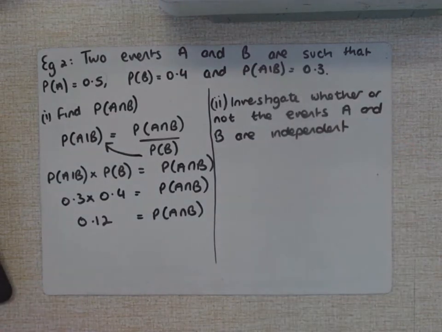Investigate whether or not the events A and B are independent. I know they're independent when I multiply the probability of A by the probability of B, and I get the intersection.